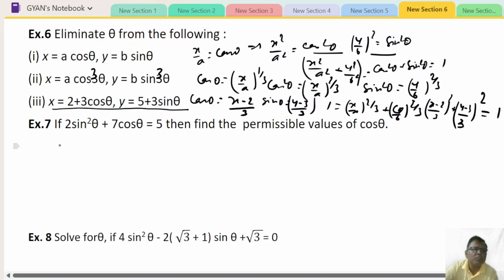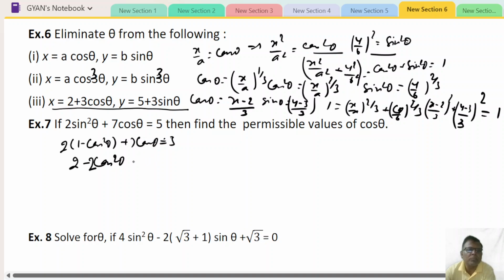Now come to question number 7. So sin square theta you convert into cos square theta. So 1 minus cos square theta plus 7 cos theta is equal to 5. So it will be 2 minus 2 cos square theta, 2 multiply here also, so plus 7 cos theta equal to 5.